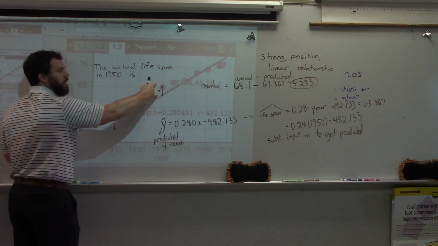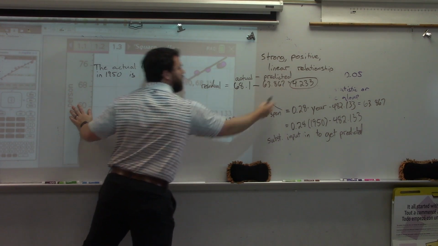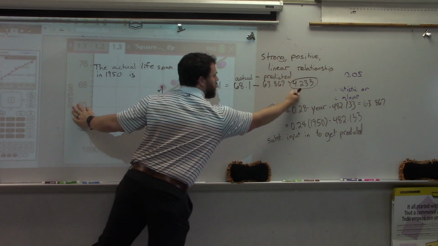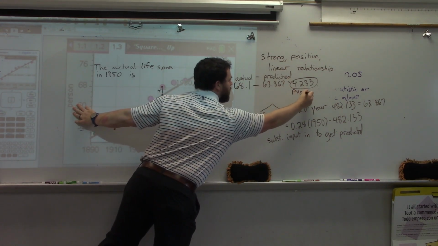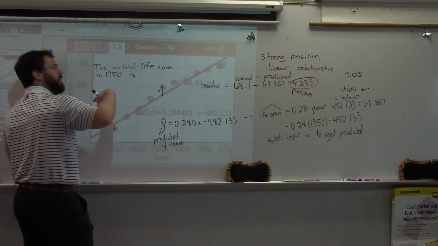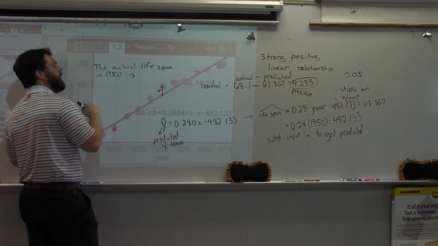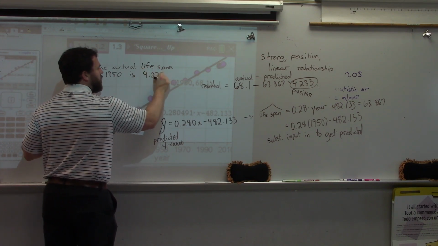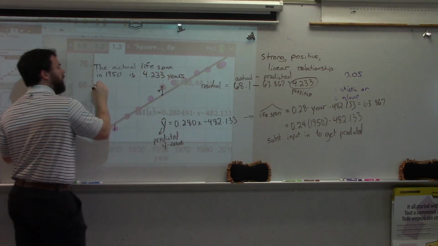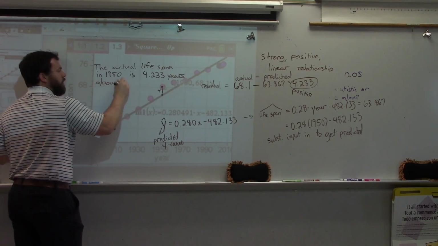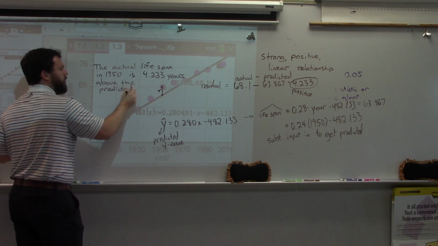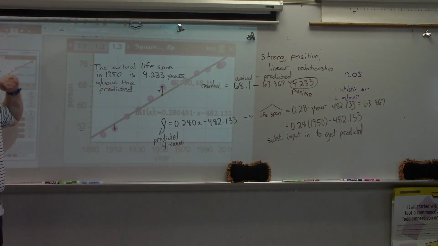It's above, because the residual was positive. The actual lifespan in 1950 is 4.233 years above the predicted. Actual minus predicted.